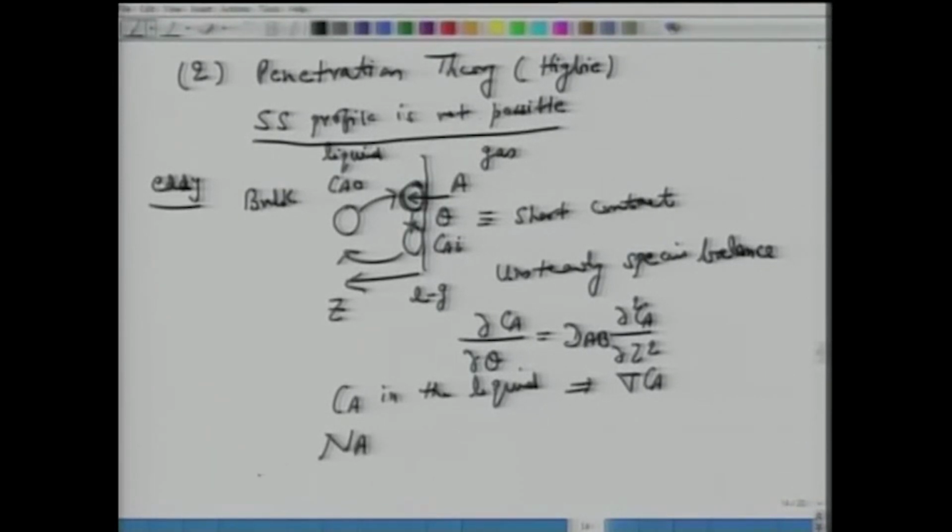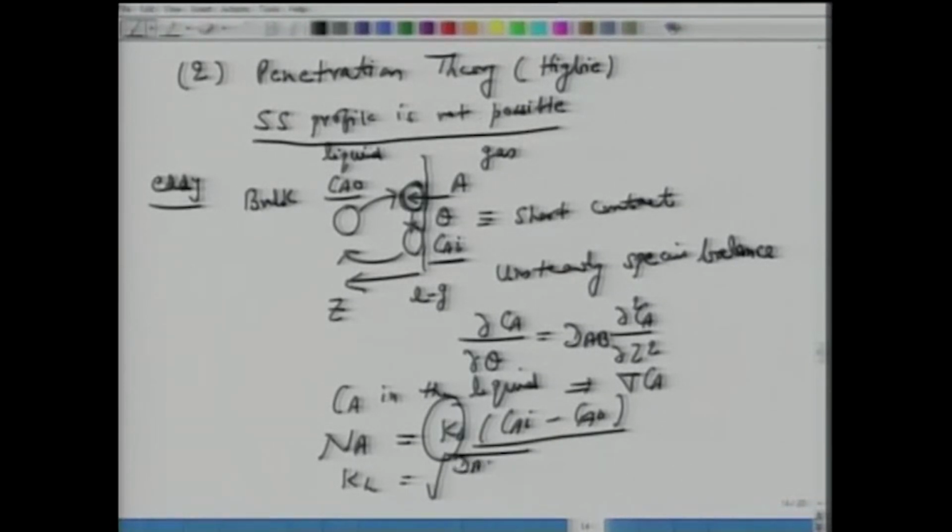In this case, it has been shown that the diffusion flux NA will also be equal to KL times CAi minus CA0. This is what we expect. It is proportional to the mass transfer coefficient and the concentration difference between the interface and the bulk. Except this KL now equals the square root of DAB over pi theta.